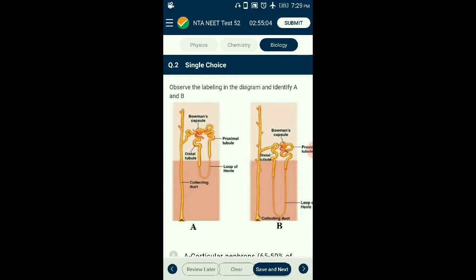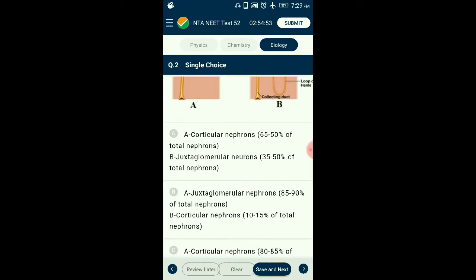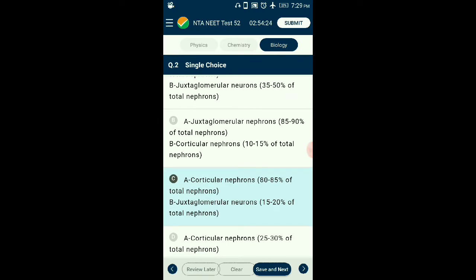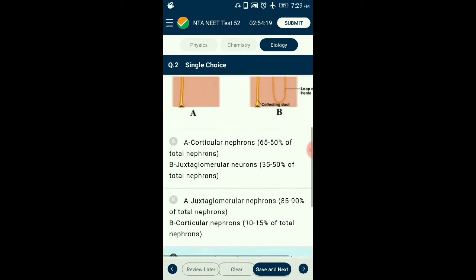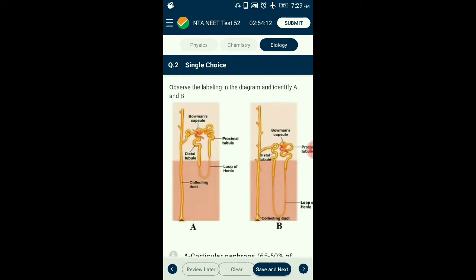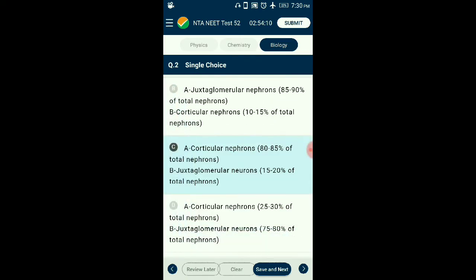Juxtamedullary nephrons have a long loop of Henle which runs deep in the medulla, a well developed vasa recta, and are mainly activated during the shortage of water. So the correctly matching option is option C. A represents cortical nephrons, that is, 80 to 85% of total nephrons. B represents juxtamedullary nephrons, 15 to 20% of total nephrons. So the correctly matching option is option C.